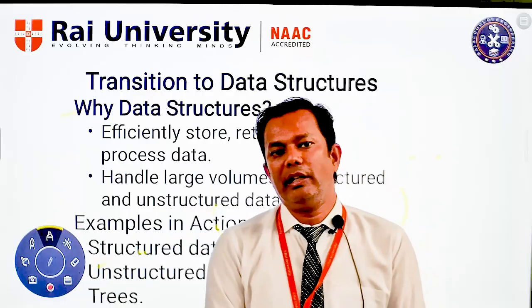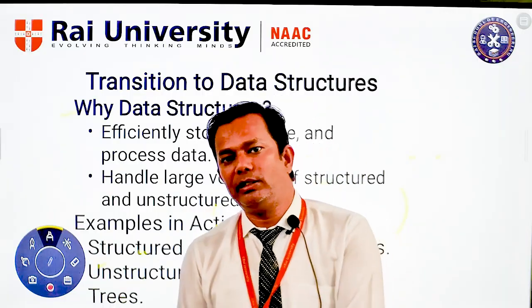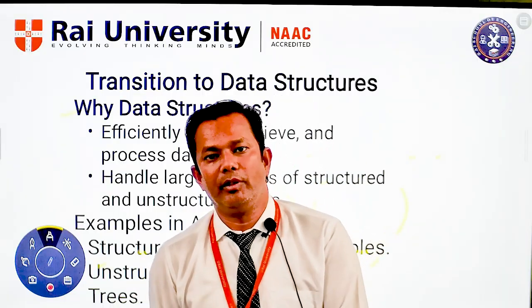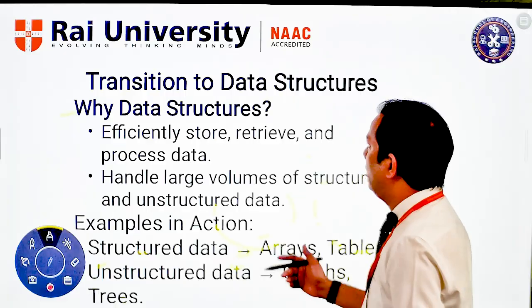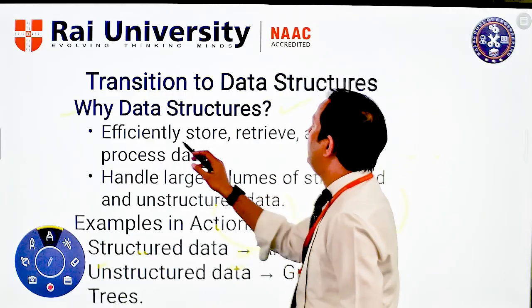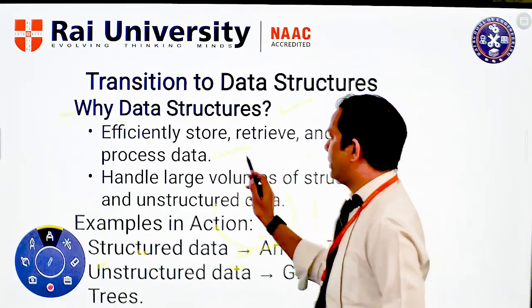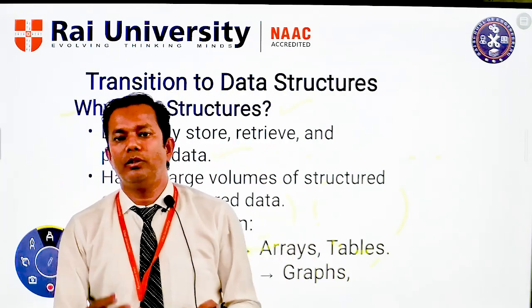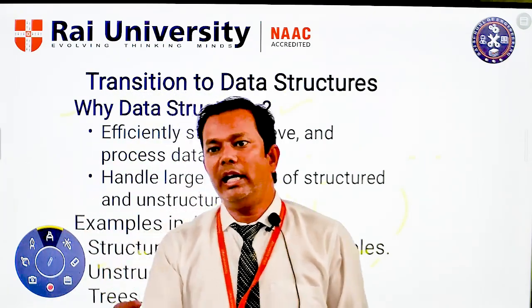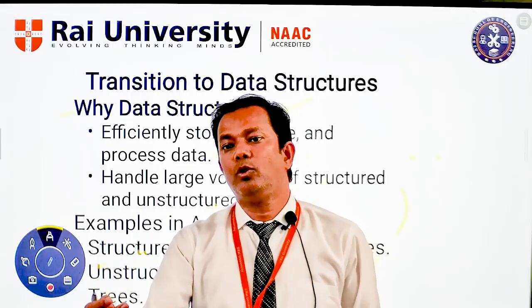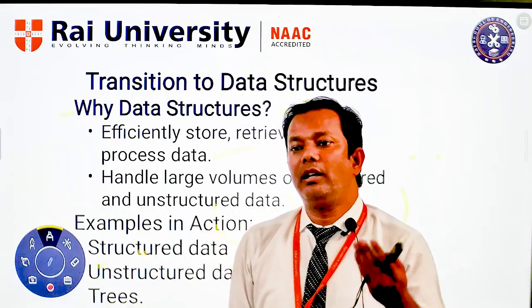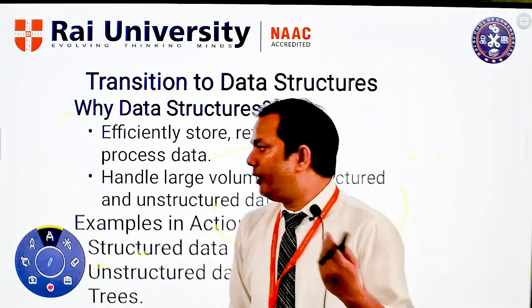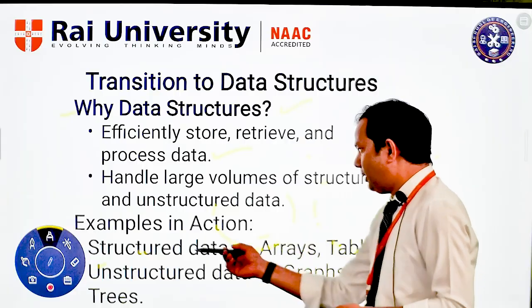We need to decide a place where we can store all this data. So for that, why is a data structure needed? To efficiently store, retrieve, and process data. When we write something, suppose that we have stored something, there should be a proper place. On that place, data should be stored, and it could be used at the time of requirement. We can retrieve it whenever we need it.